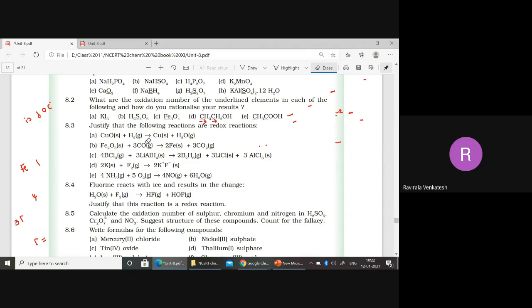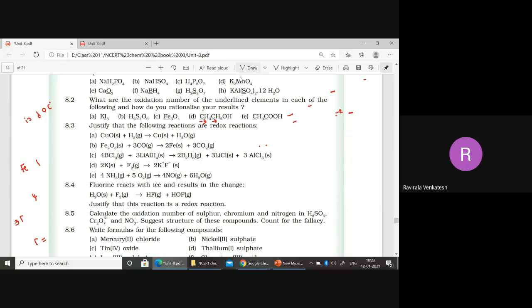Look, beta, justify that the following reactions are redox reactions. Now, if you observe in this case, BCl3, I am writing here only. In this BCl3, what are we taking here?